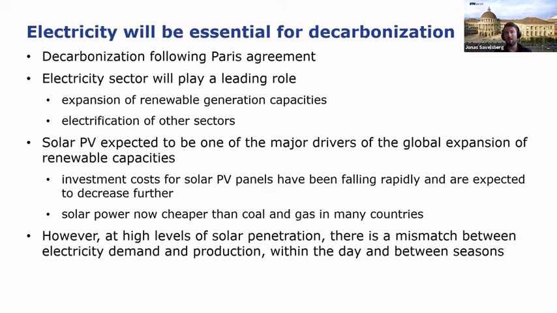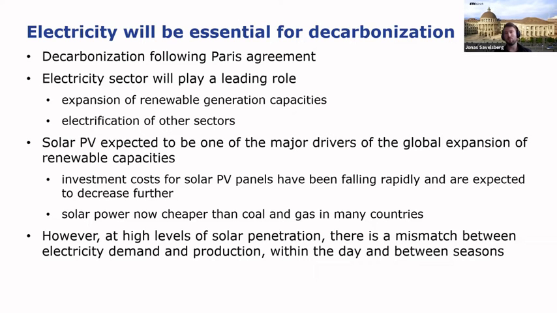This will be, on the one hand, due to the expansion of renewable generation capacities, replacing dirty old coal and even maybe gas power plant generators. And on the other hand, think about electrification of other sectors as one of the key components of decarbonization of the entire system. Now, solar PV generation is really expected to be one of the major drivers of global expansion.